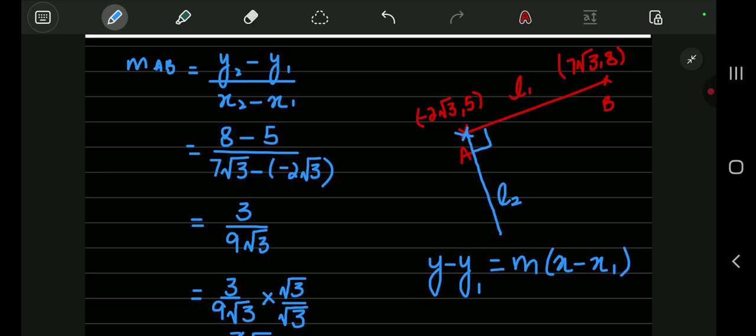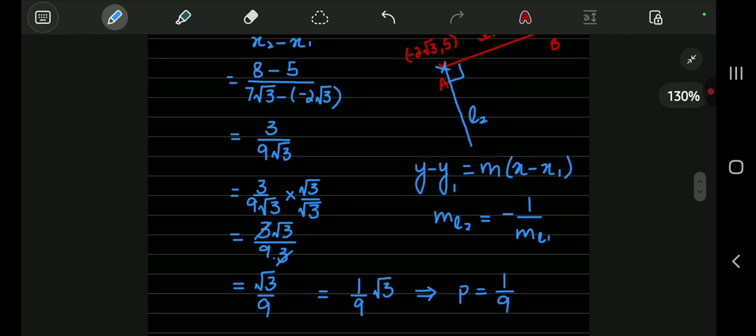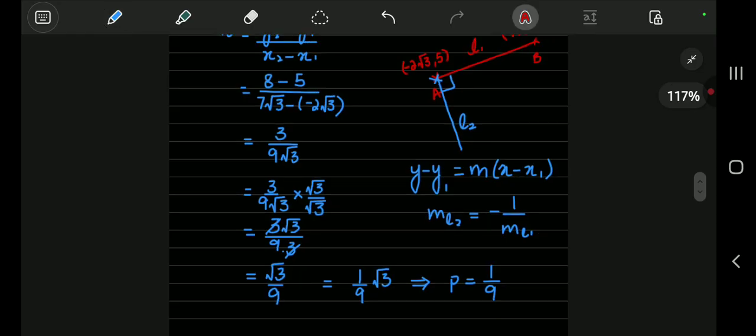So we know that it is passing through A, we have a point, and how can we find the slope? Because these two lines are perpendicular, the slope of L2 will be equal to the negative reciprocal of the slope of L1, as L1 and L2 are perpendicular.